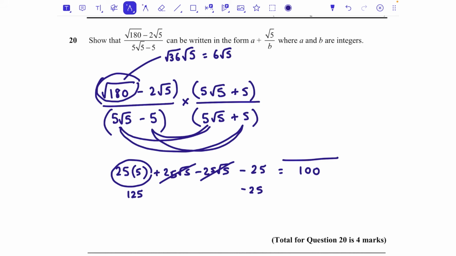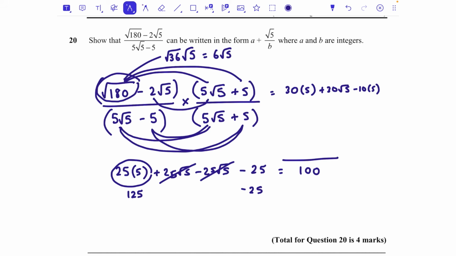So I've got 6 root 5 times 5 root 5, and that is 30 times 5, because I've got 6 root 5 times 5 root 5. Then I'm doing 6 root 5 times 5, which is 30 root 5. Then I've got minus 2 root 5 times 5 root 5, which is minus 10 times 5.